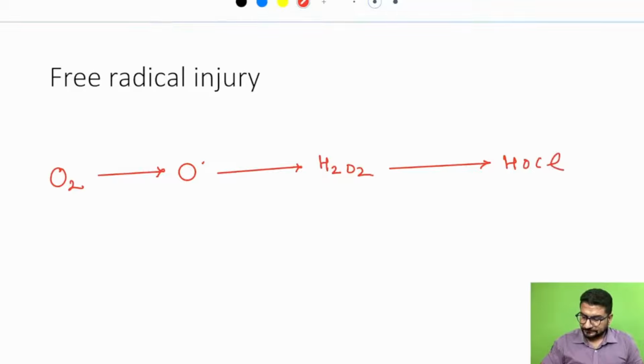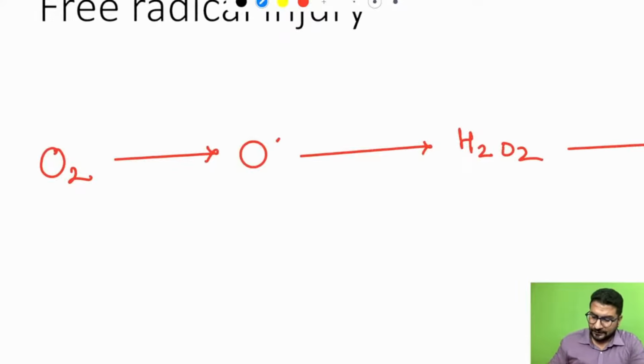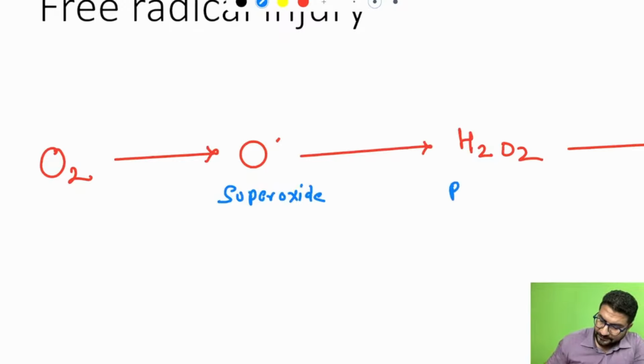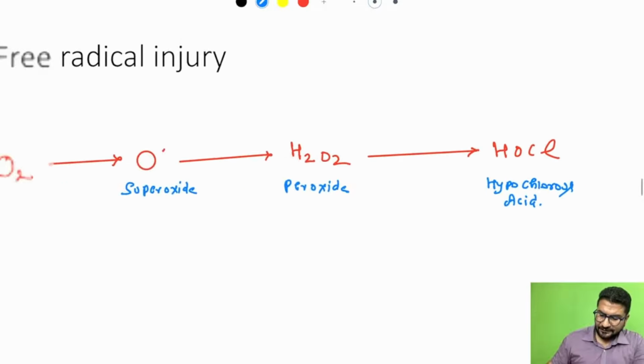Now if I show you this briefly: first, oxygen will convert into superoxide. This is called superoxide, this is called peroxide, and this is called hypochlorous acid. Now try to understand this thing.